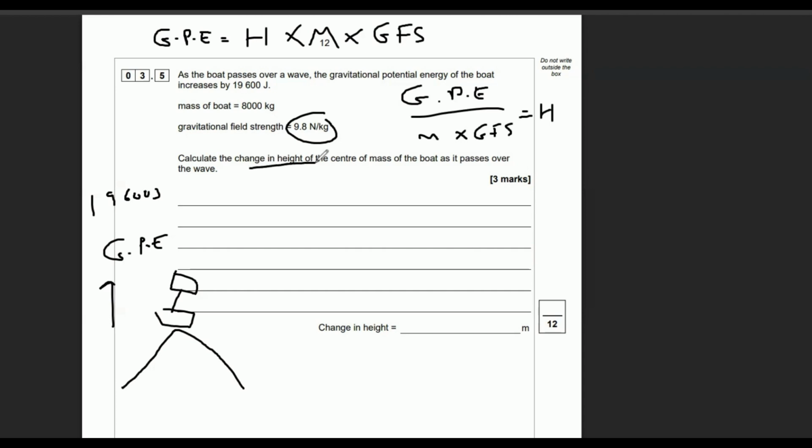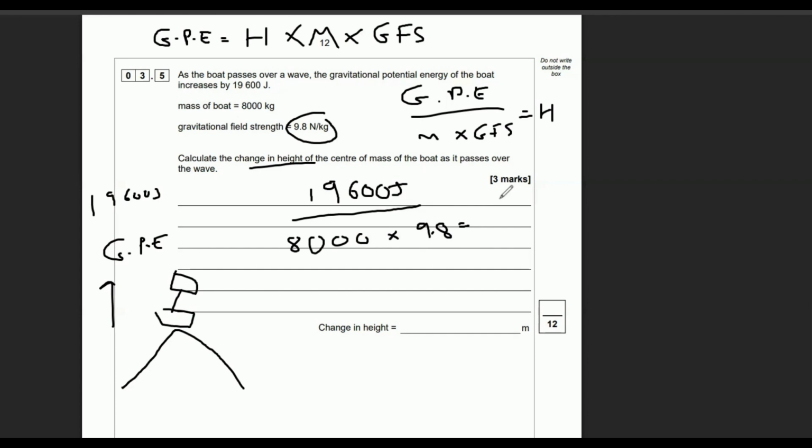So the change in height, let's do it. So we have 19,600. I don't need to convert this. It's already in joules, this GPE, lovely jubbly. 8,000 is the mass of the boat. And then I'm going to times that by the GFS, which is 9.8. And this should give us our three wonderful marks. Obviously, 19,600, I want to divide that by 8,000 times 9.8.